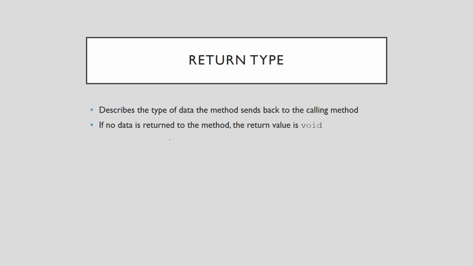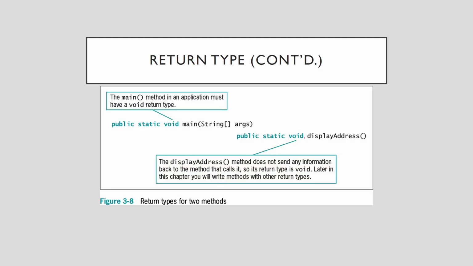Now the return type describes the type of data that the method sends back to the calling method. For the return type, you may specify an integer or any primitive type like double, character, string, or you may use a void type if there's no data being returned to the method.